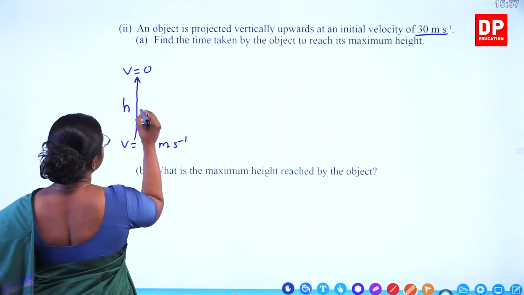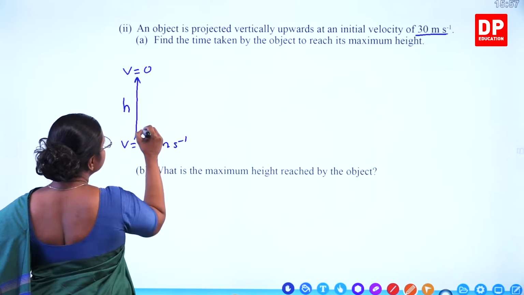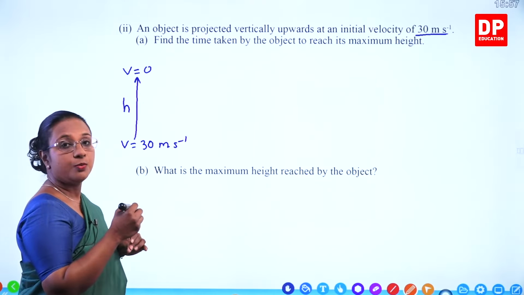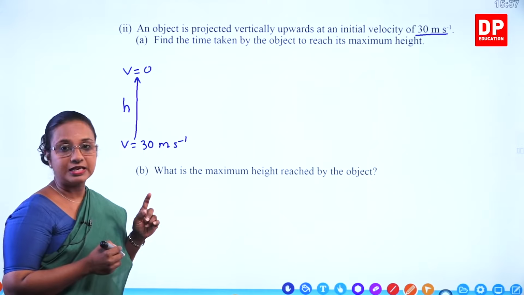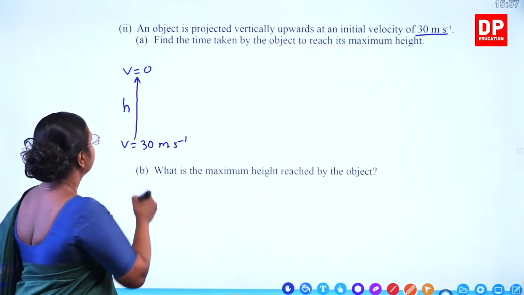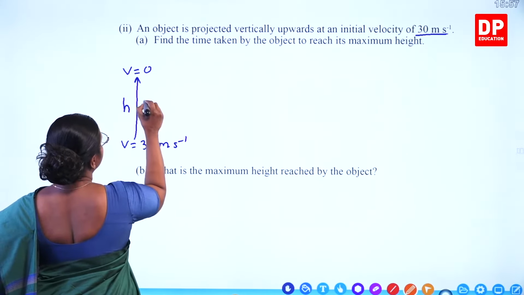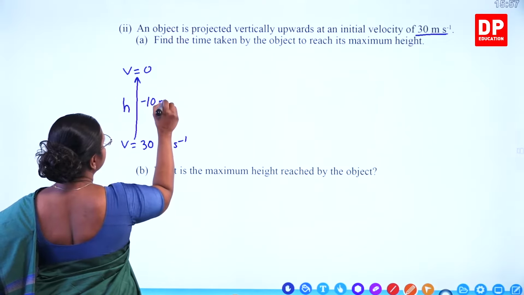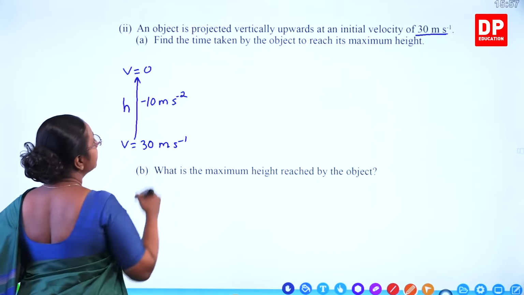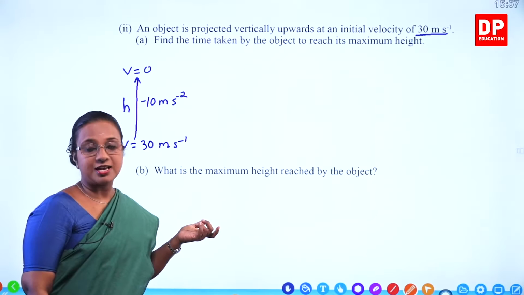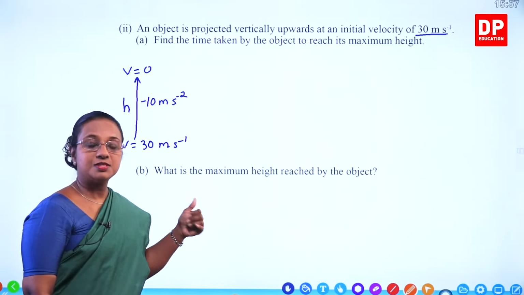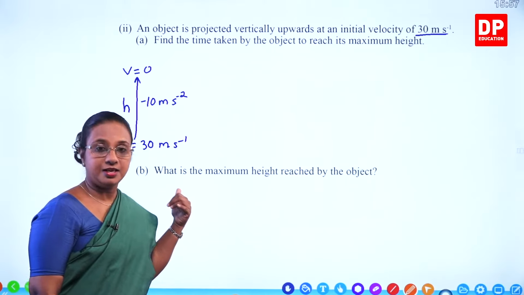Since the gravity is acting downwards and the object is moving upwards, it is going to be a deceleration. So it is going to be minus 10 meters per second squared. That is the value of the gravitational acceleration, which becomes the deceleration here.